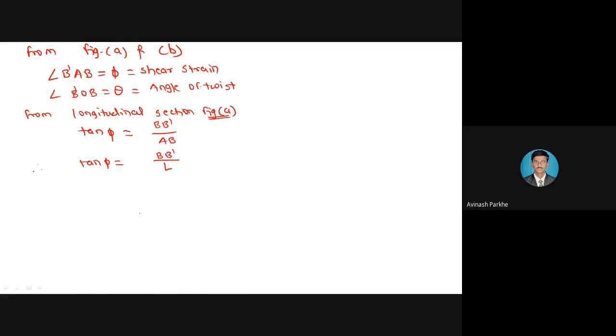Therefore, I can replace AB with L. As phi is very small, measured in radians, the tan will be neglected and you will get the formula in the form of phi. Therefore, phi is equal to BB dash upon L. Why is this phi negligible?